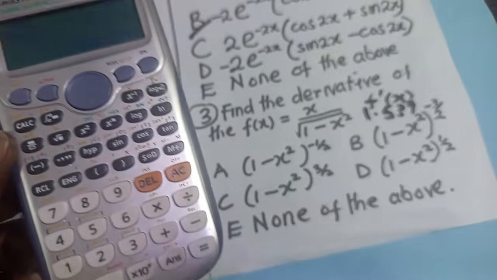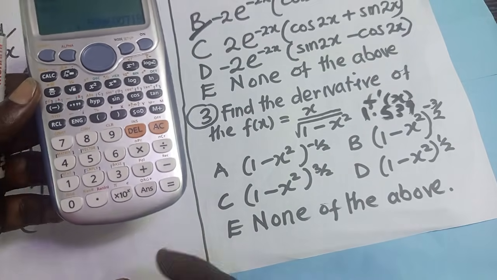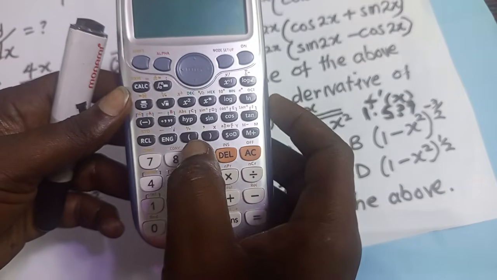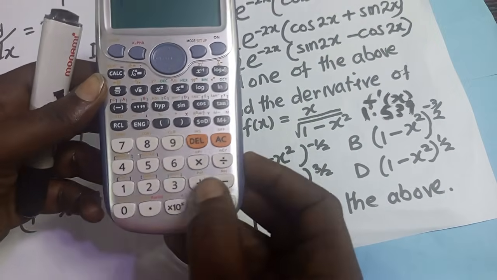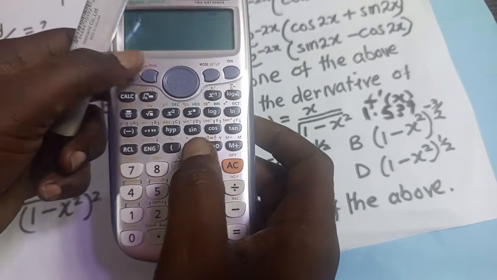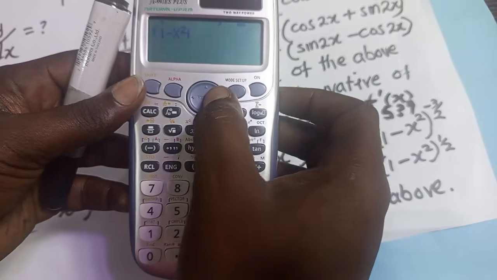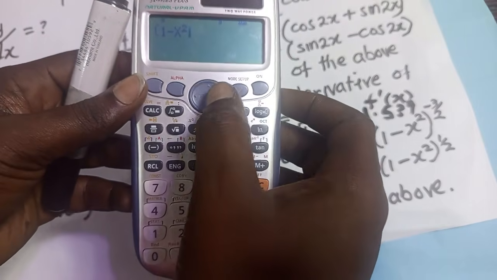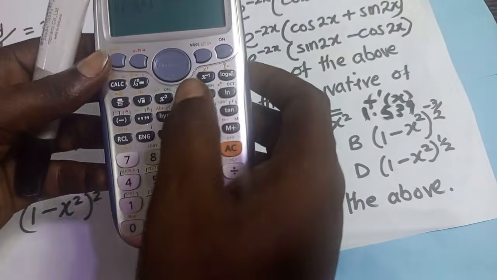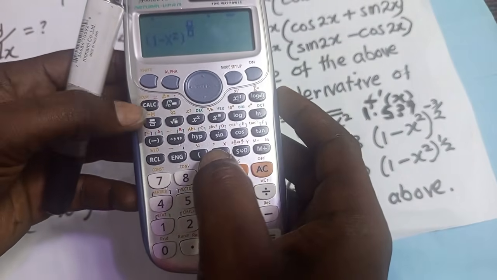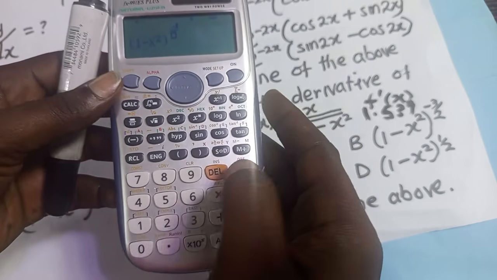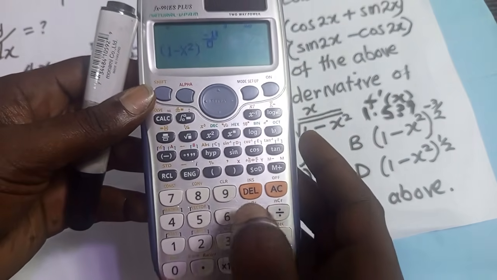Now after writing it down, what do we do? We check all the options. We type them one after the other. Open bracket 1 minus x squared, close bracket, then put what? Power of what? Minus 1 over 2.